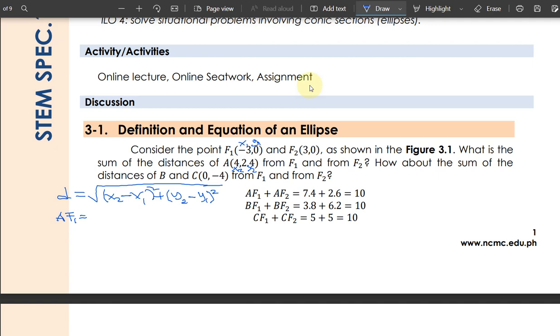So next is we are going to plug in the values na dayon anin nila. No? So X sub 2 here is 4 minus X sub 1. X sub 1 is negative 3. So that is negative 3 squared plus Y sub 2 naman, that is 2.4 minus Y sub 1 is 0.